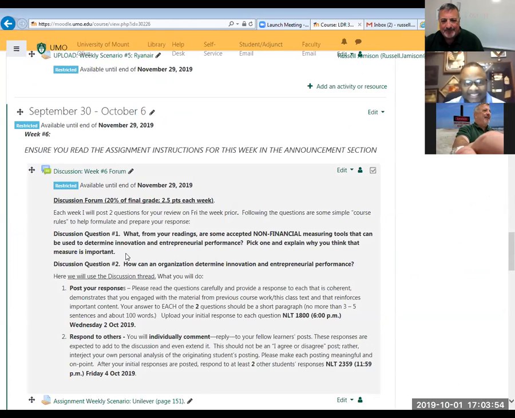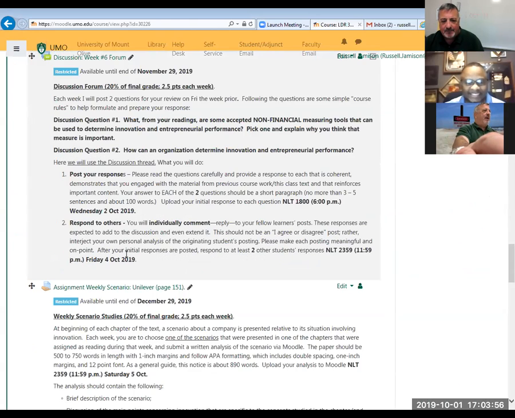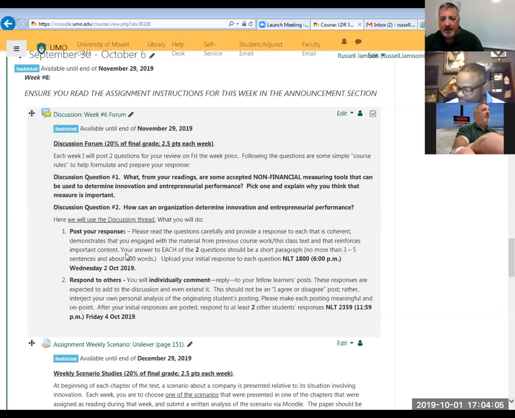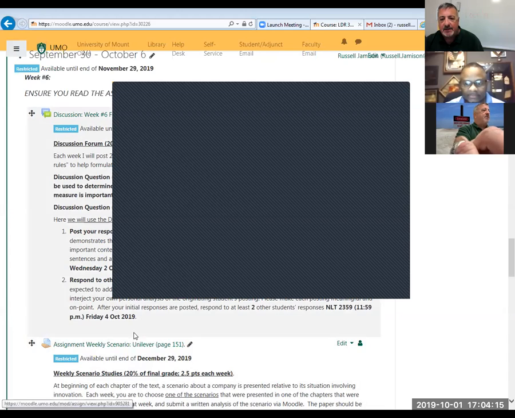And you know that your scenario this week is Unilever. Yes. All right. So the two questions: what from your readings are some accepted non-financial measuring tools? That implies you know what the financial measuring tools are.